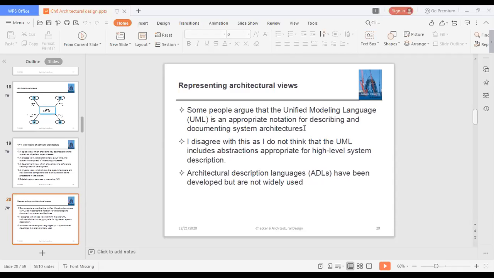It needs to be completed. I mean, the author Sommerville also disagrees. So I disagree with this, as I do not think that the UML includes the abstractions appropriate for high-level system descriptions. Architectural description languages, ADLs, have been developed but are not widely used.